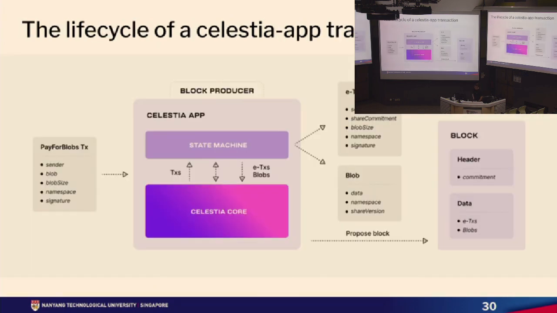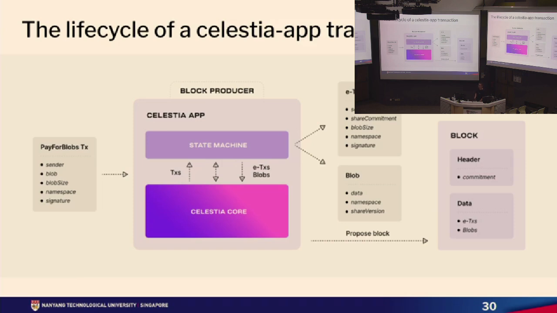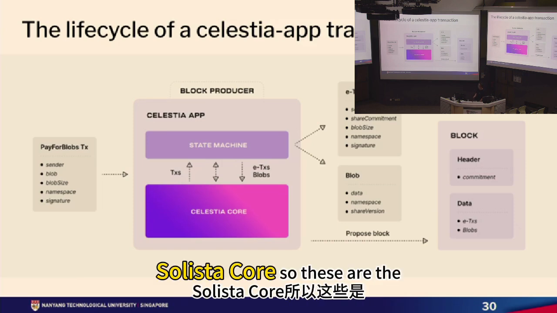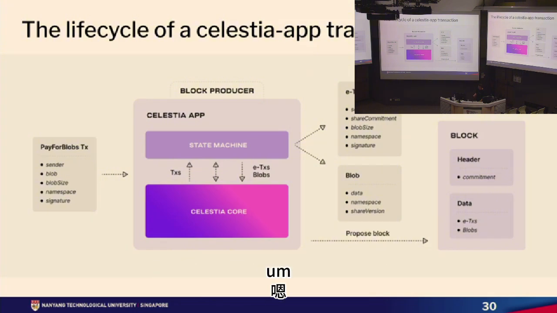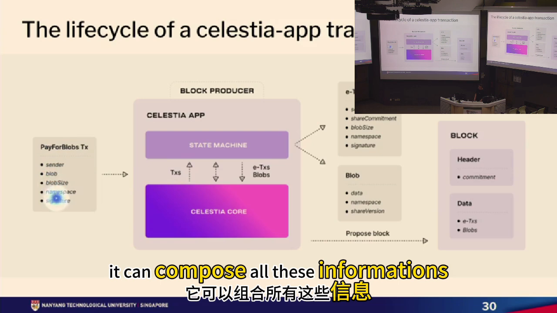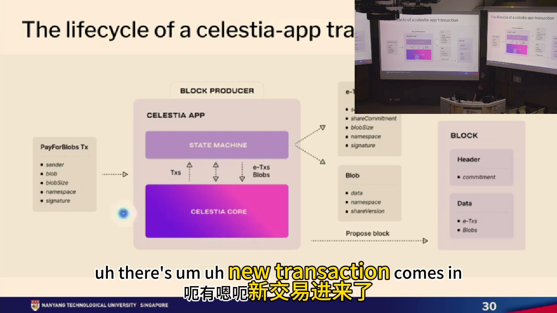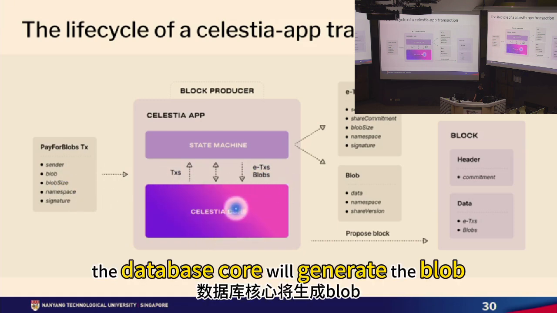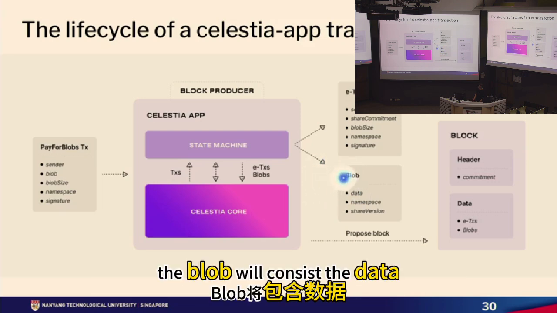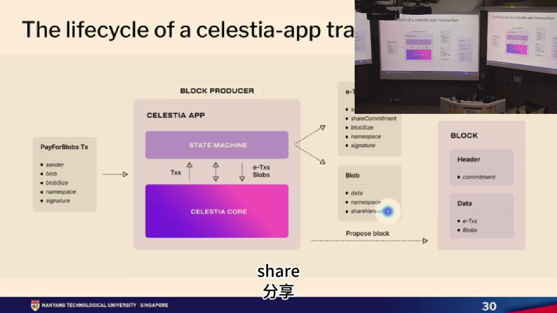So in terms of how the data is generated for Celestia core, here is an example. If any transaction comes in, it can compose all this information. Anytime a new transaction comes in, the Celestia core will generate the blob. The blob consists of the data, the namespace, and the version of the share.